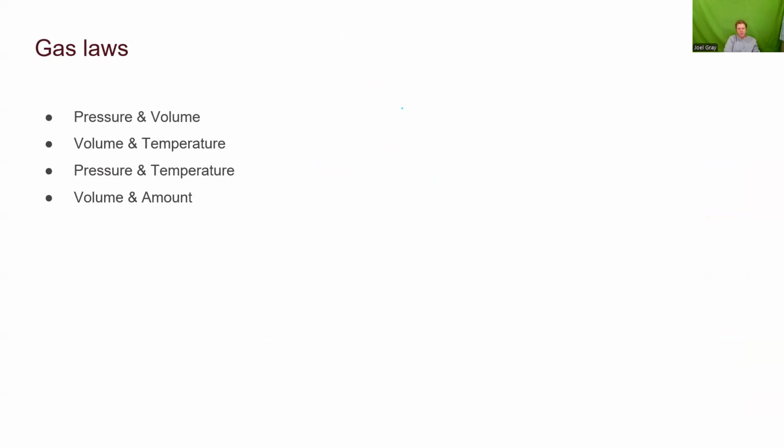There are a couple of things to keep in mind with this. When you're talking about the relationship of pressure and temperature, the amount of the gas and the volume cannot change and do not change.